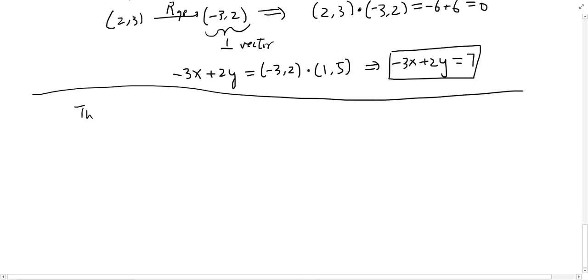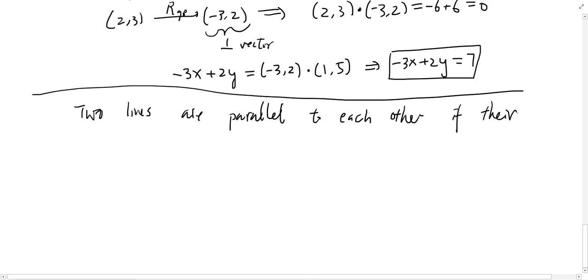Two lines are parallel to each other if their perpendicular vectors are multiples of each other.